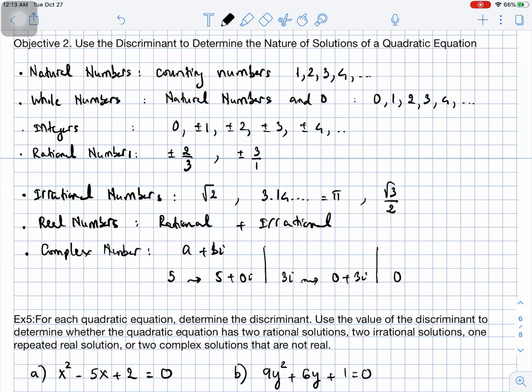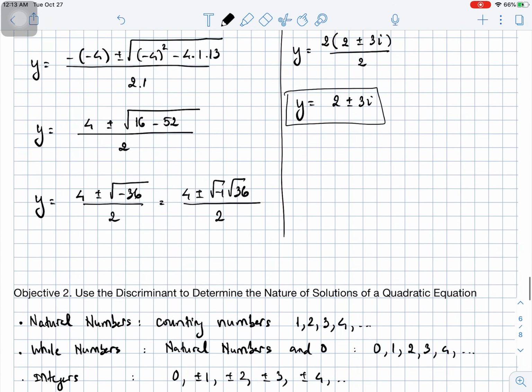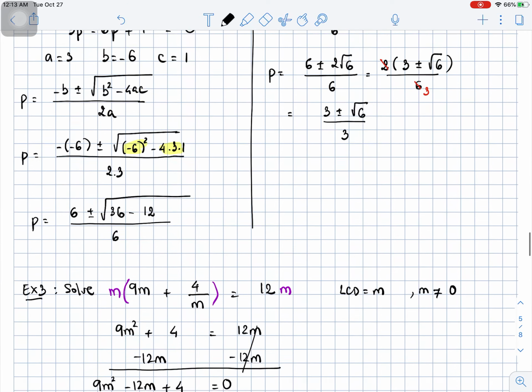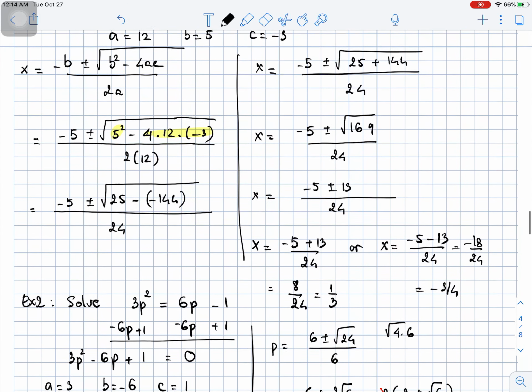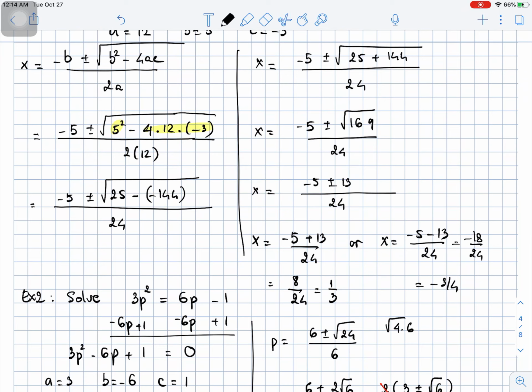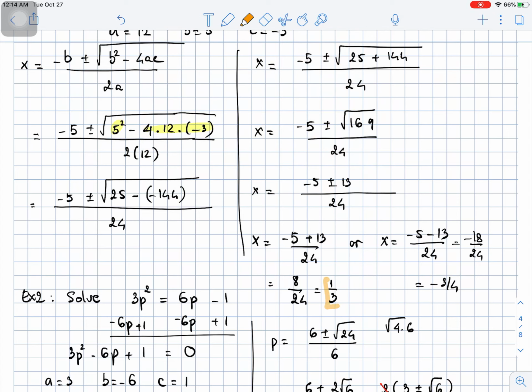Sometimes, for example, 5 is also a complex number because we can write 5 as 5 plus 0i, since 0 is considered a real number. Or we may have 3i. You can write it as 0 plus 3i, and this is a complex number. Or we have 0 only, where A and B are both 0, so we can write it as 0 plus 0i.